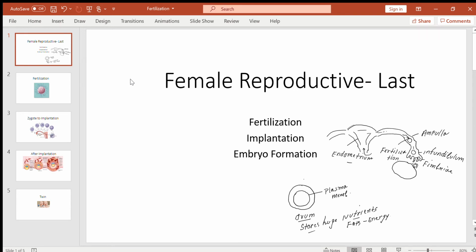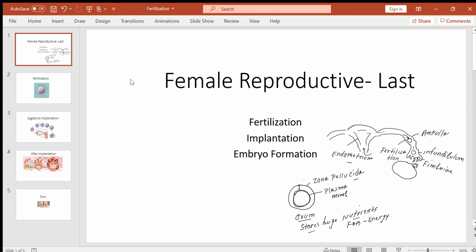Okay, and around the plasma membrane of the egg you have a thick covering, tough thick covering, that is called zona pellucida. Okay, zona pellucida is a thick covering around the plasma membrane. Okay, so this is the plasma membrane here, and this is the zona pellucida.